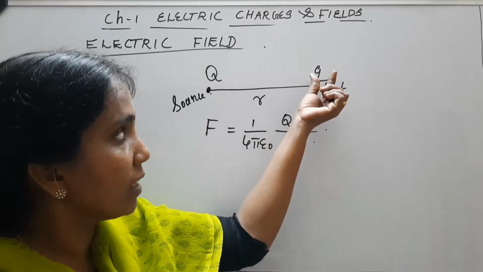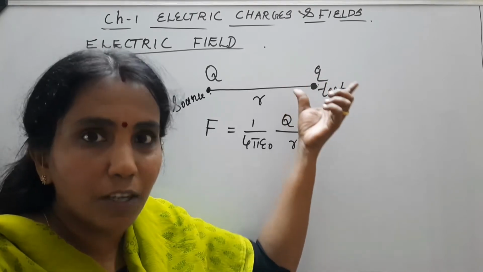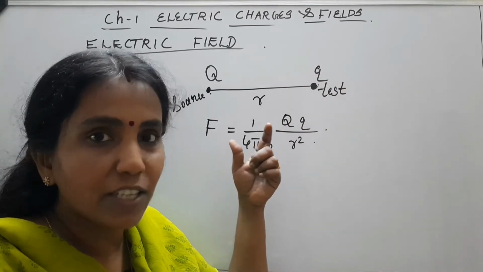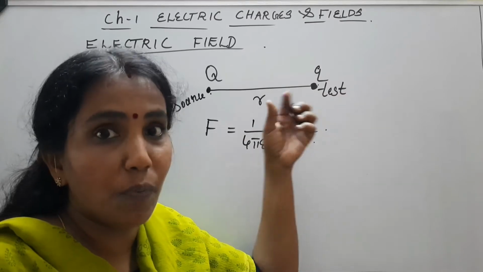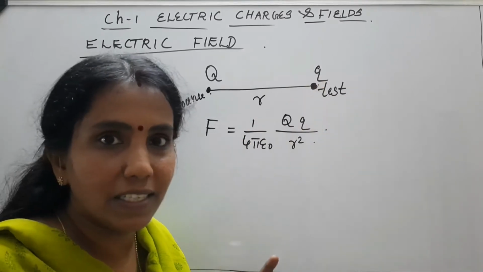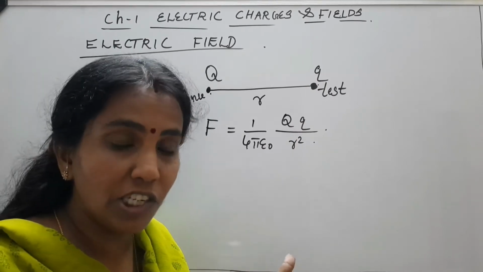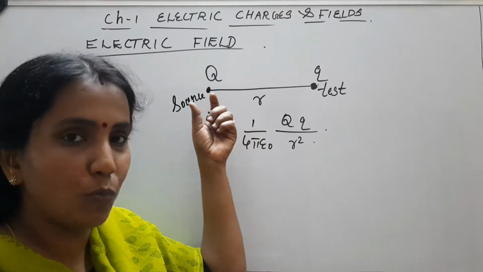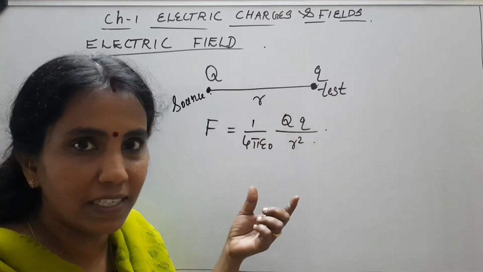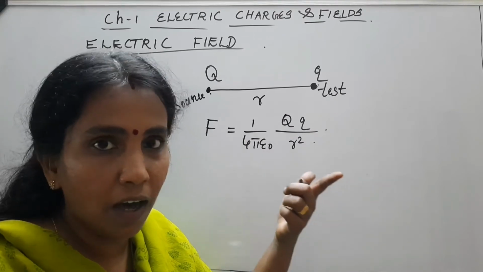If we make this charge Q equal to 1, the force experienced by a unit positive charge kept at that distance is defined as the electric field. I already mentioned it is the effect produced by the source charge at that distance because of which the test charge is experiencing a force.